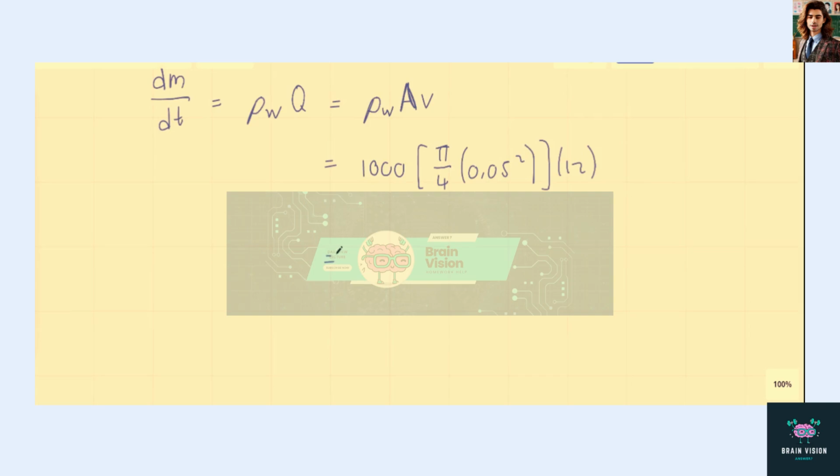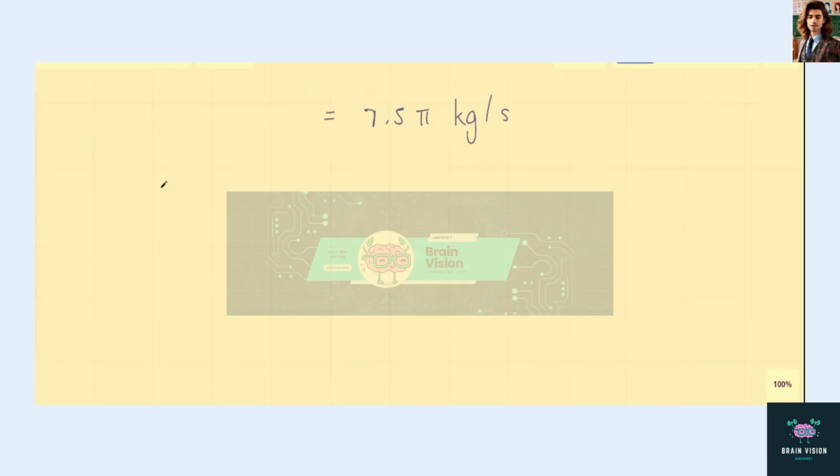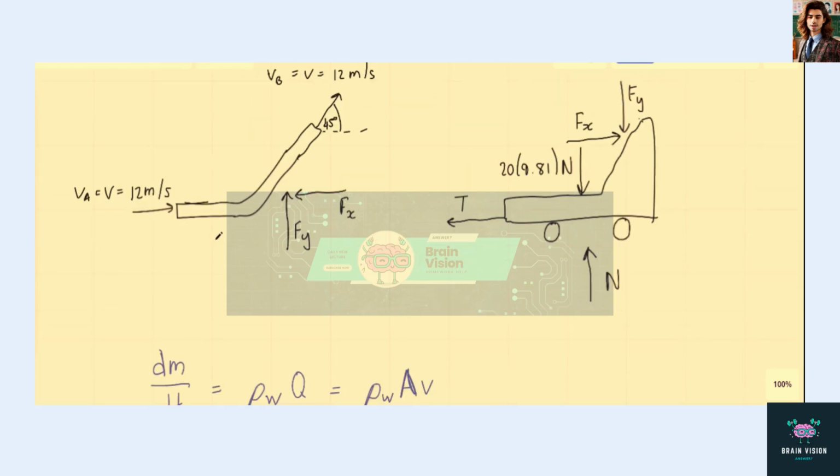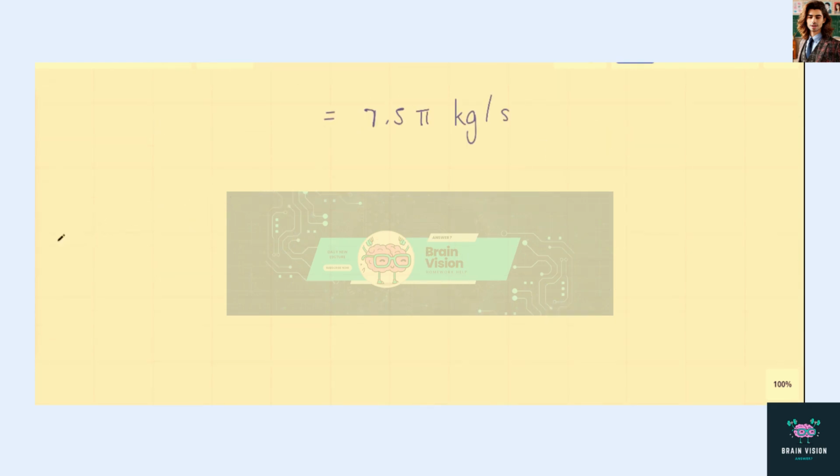And so we get the mass flow rate to be 7.5 pi kg per second. Now that we have the mass flow rate, we can refer to the free body diagram and we can calculate the components of the force acting on the cart, Fx and Fy.